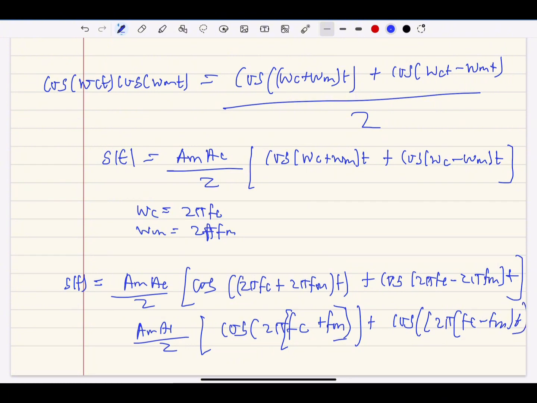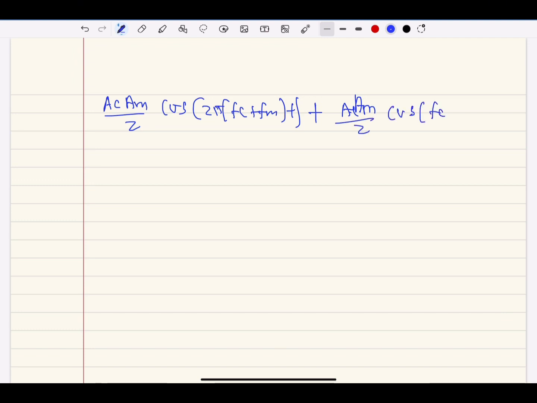So this is what we are going to have, and you can see that the frequency components for the various sidebands, when you expand it, are Ac Am over 2 cos[2π(fc plus fm)t] plus Ac Am over 2 cos[2π(fc minus fm)t].